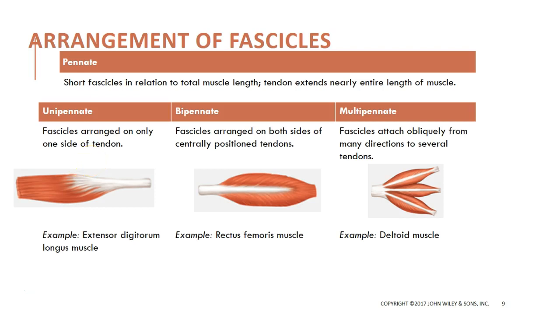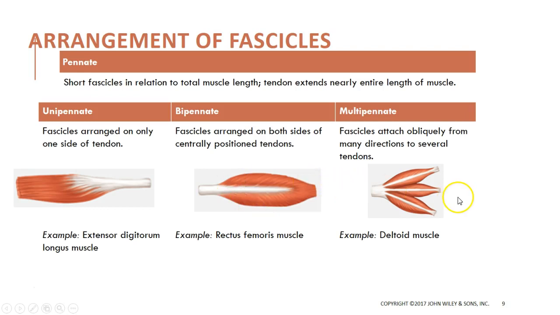With bipinnate, the fascicles insert into the tendon from opposite sides of the muscle. So you can see it does give a feather-like appearance. And this is what we find in the rectus femoris, one of the thigh muscles. Okay, so a lot of strength of contraction here because you've got a lot of short little fibers that will be pulling in one direction.